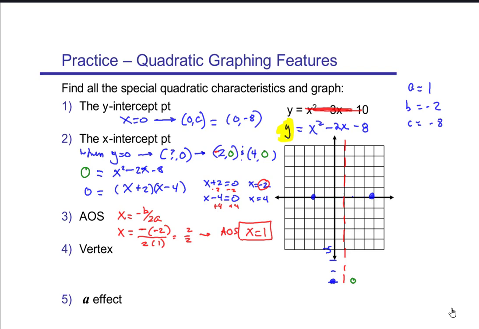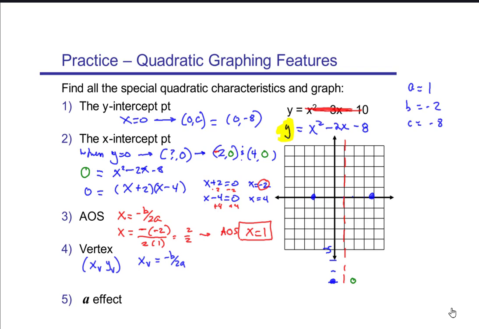So I'm pretty close to having a really nice graph. I just need one more thing, and that's the vertex. Now recall, the vertex is an xy pair. xv, yv. That's the xy pair for the vertex. And we have a formula. xv equals negative b over 2a. Okay, now remember the red part. The red part is the red line.